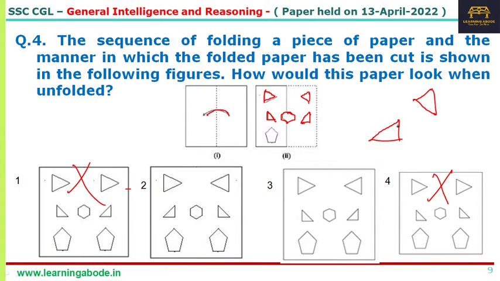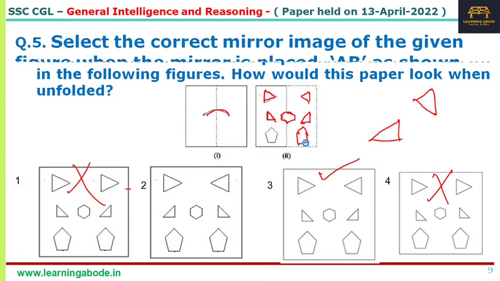So we should have a triangle like this. So option 3. As far as the pentagon is concerned, it will be symmetrical. So answer option 3 is the answer for question number 4.